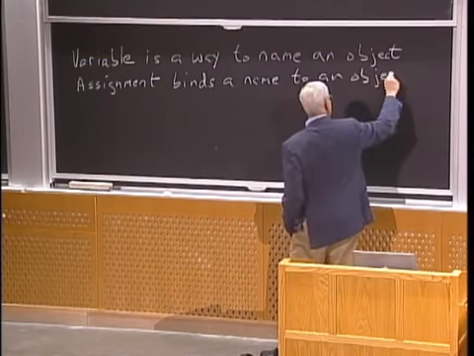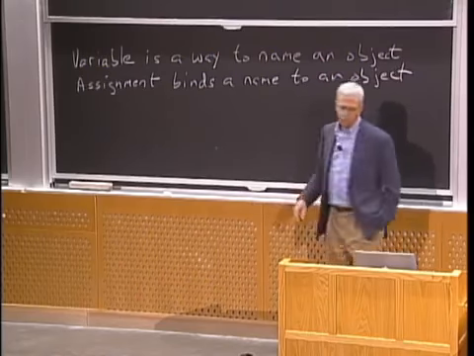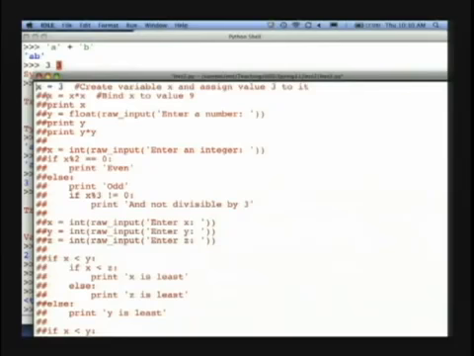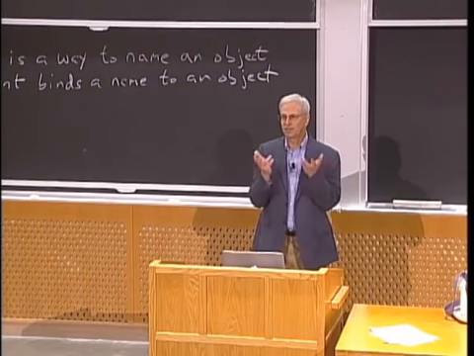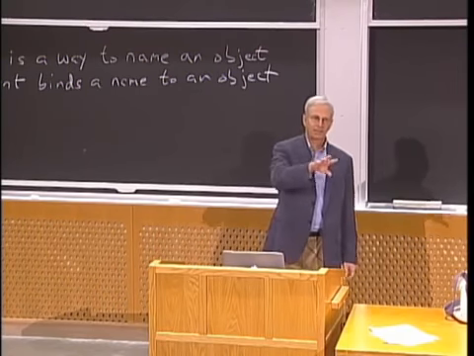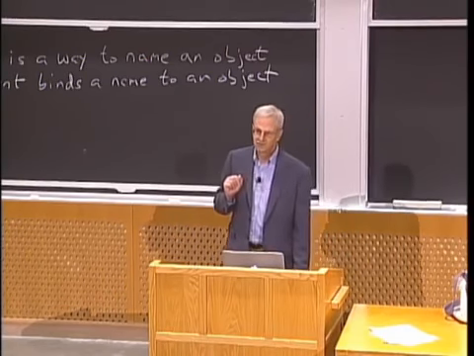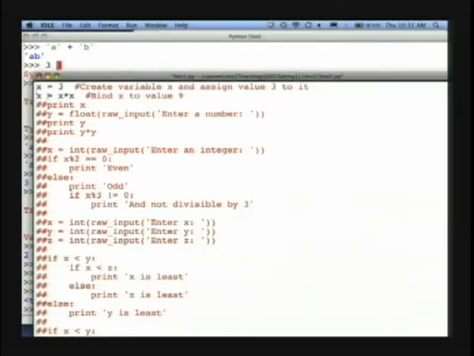So the assignment statement you see here binds the name x to the object 3. The next statement rebinds the name x to the value of the expression x times x. So it takes the old value of x, evaluates the expression, and then binds the name x to the new value. So at the end of the second statement, x will be bound to 9.